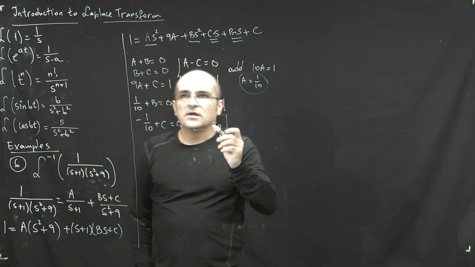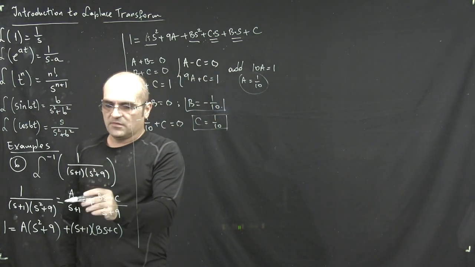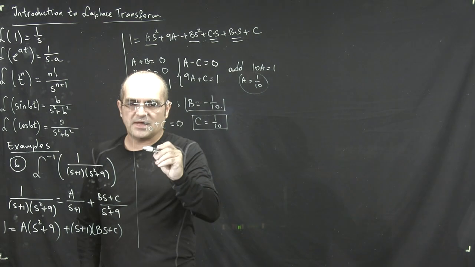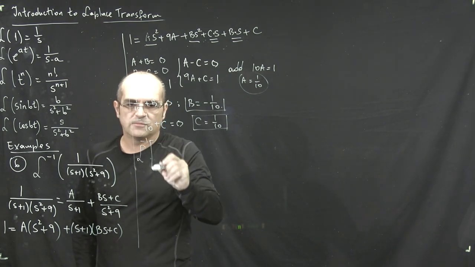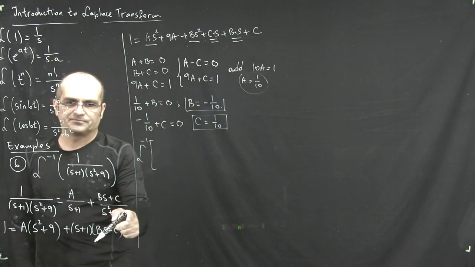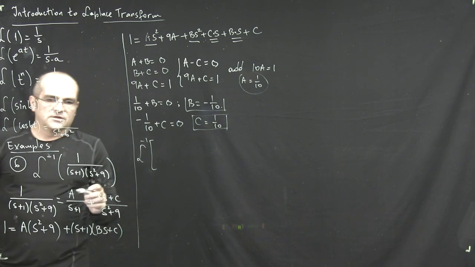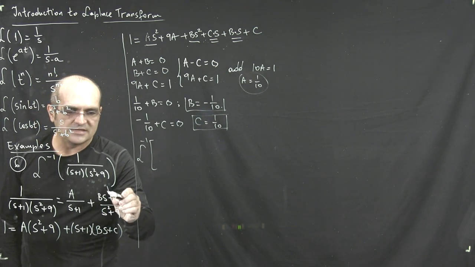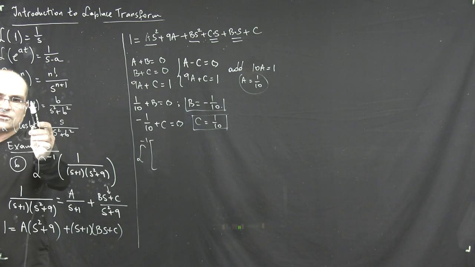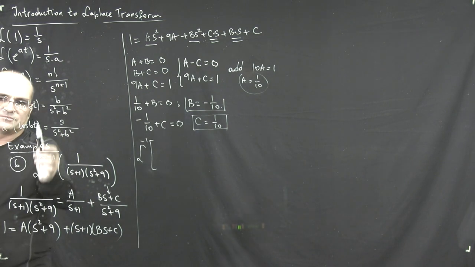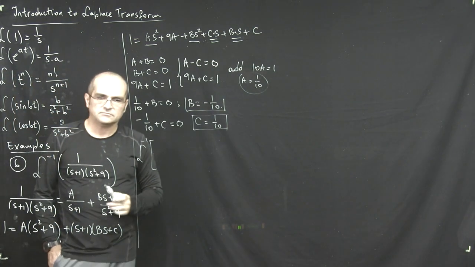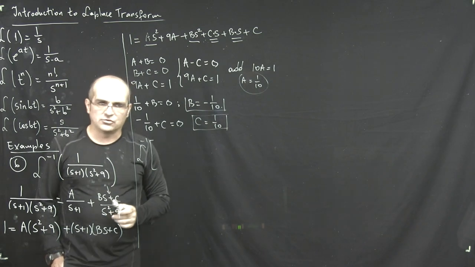All right, so that being said, then we can replace my original fraction with this combination. And remember what I told you before, you're going to break this down over here as well, because you're going to use two different formulas for that part of the formula when you do the inverse Laplace.